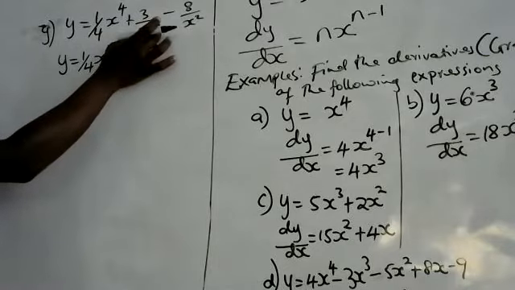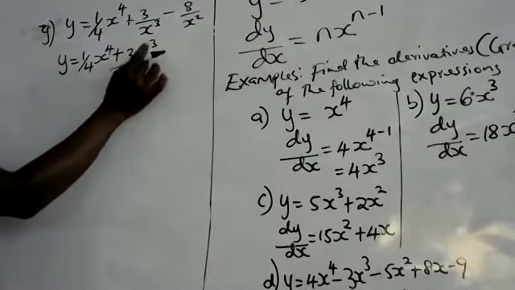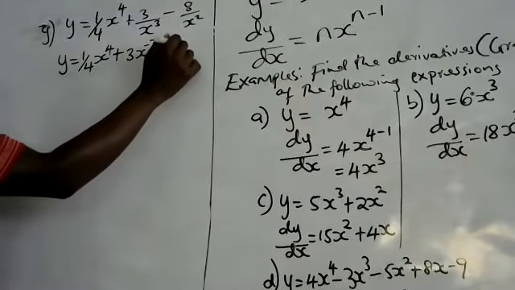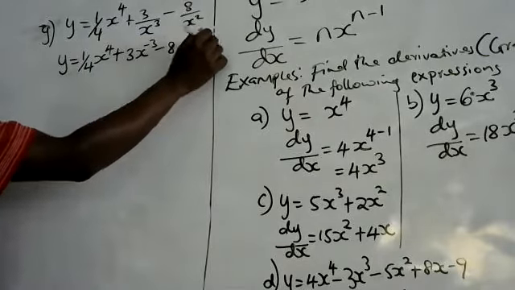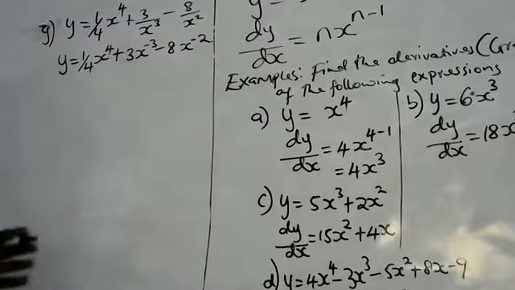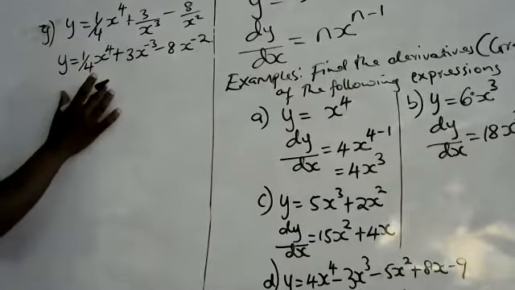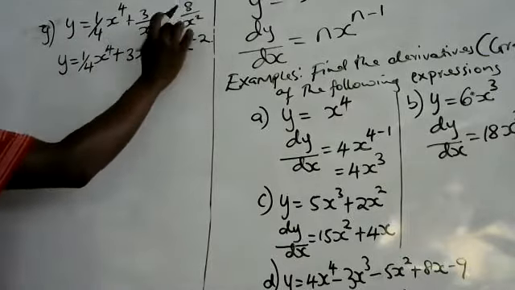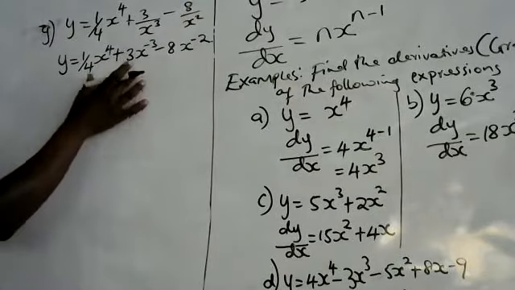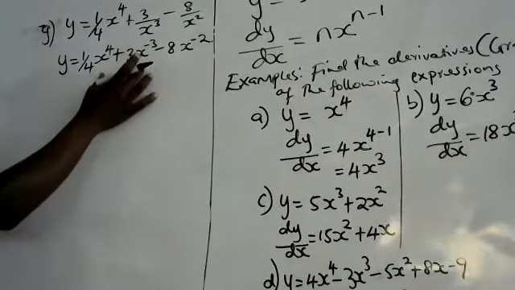This x power 3 goes up to x power negative 3, minus 8 x power negative 2. That's it. This is not differentiation, I'm just writing this equation in another form. It is the same equation but written in another way.